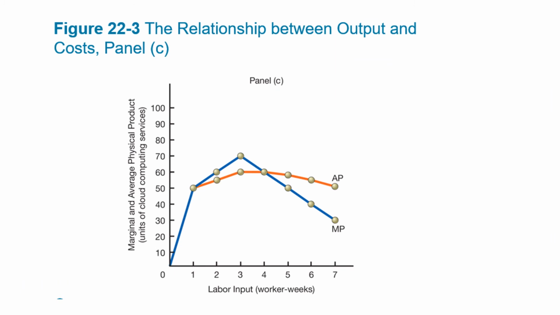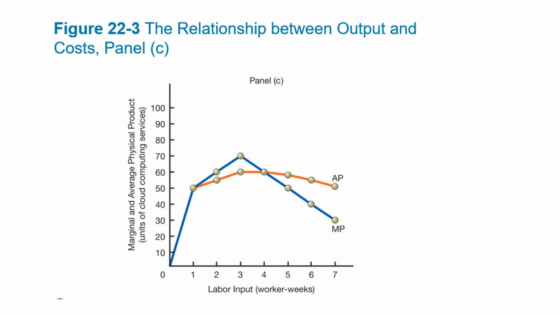So this is a graph of marginal product and average product of labor. Notice where marginal product begins to decrease, we're going to see that the marginal cost is going to start increasing. So marginal product decreases, and since we're paying a constant wage rate, marginal cost will begin to increase.